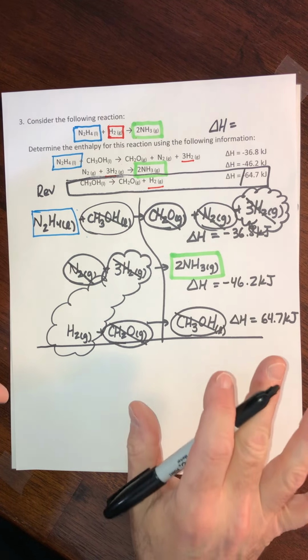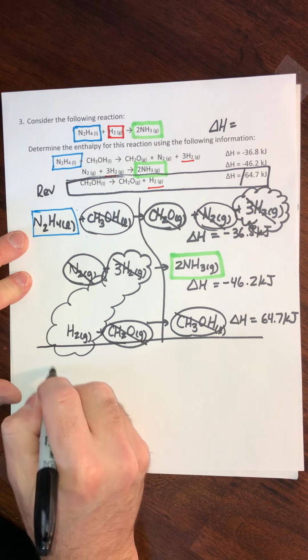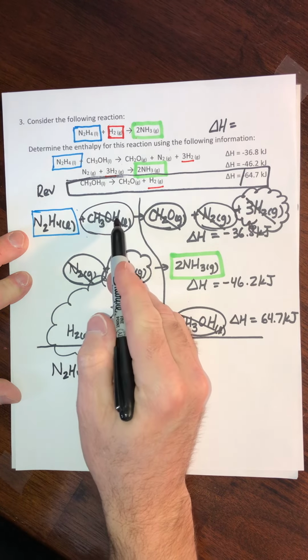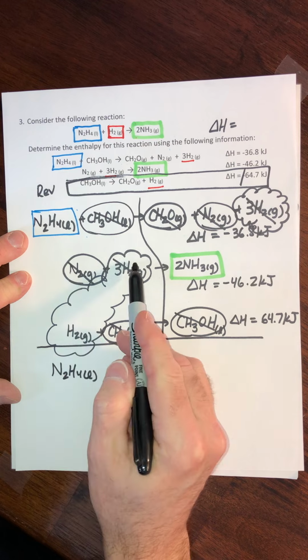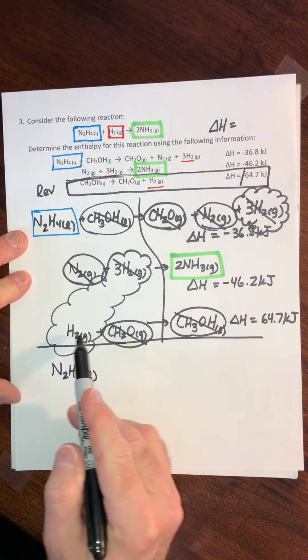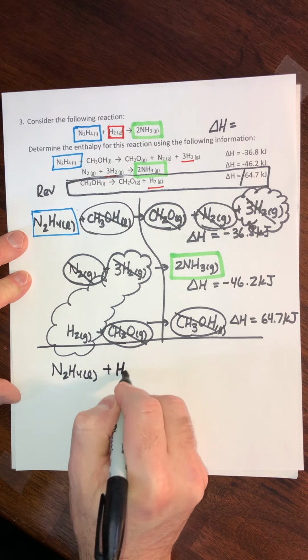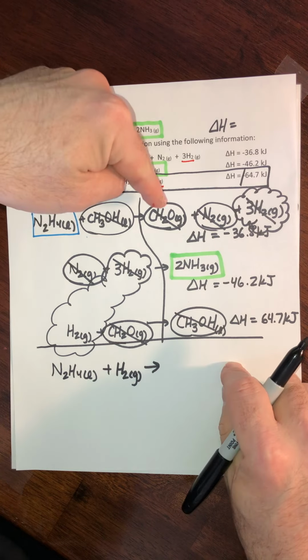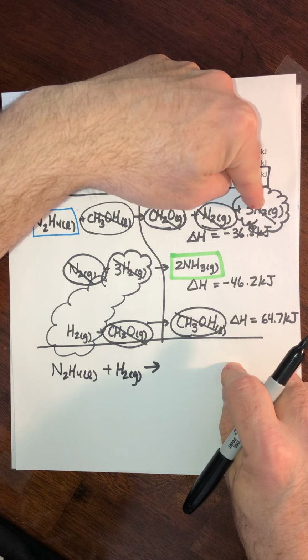So if we write down what we have left, I've still got my N2H4 liquid. This is gone, this is gone, this is gone, this is gone, and I have an H2. If we look on the product side, canceled, canceled, canceled.